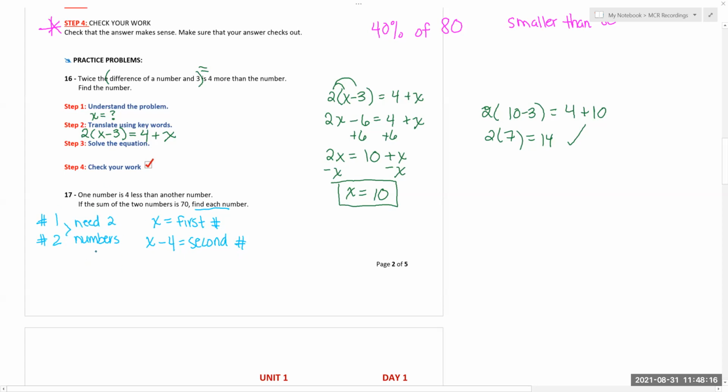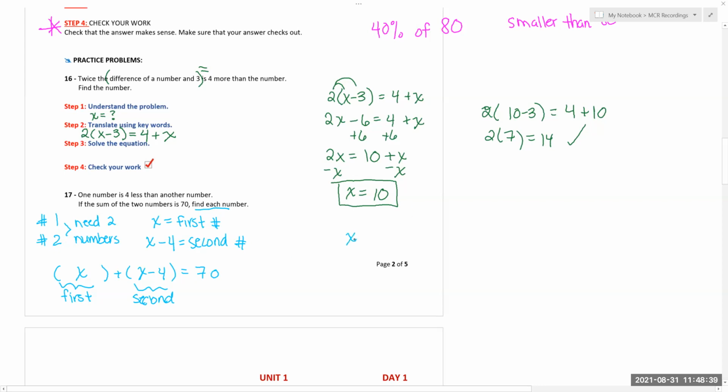Now we can look at what this says. The sum of the 2 numbers is 70. So here's number 1, here's number 2. Now I can go through and solve that.